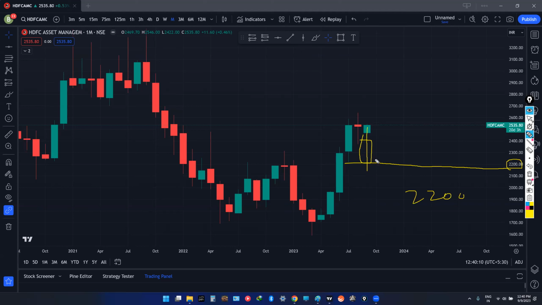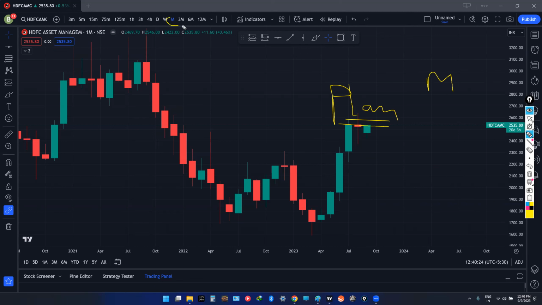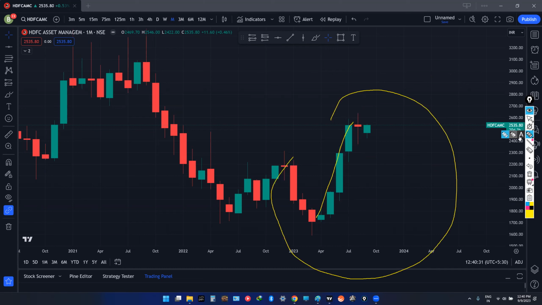Maybe the price comes down to 220, and from here if it tries to go up, then I will buy. This is a plan based on which time frame? On monthly time frame. Why? Because the monthly chart is showing me something like this.